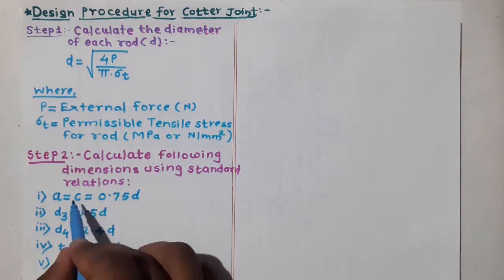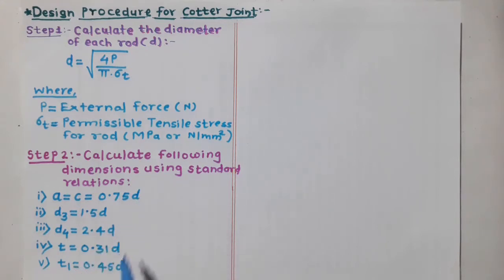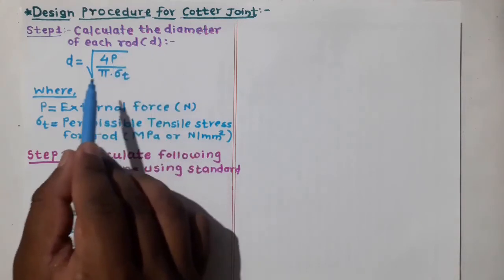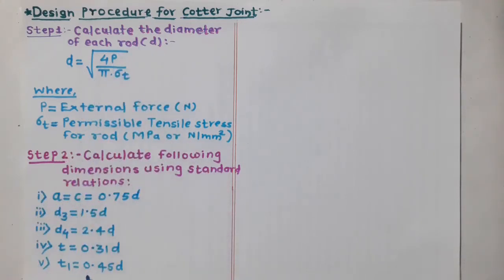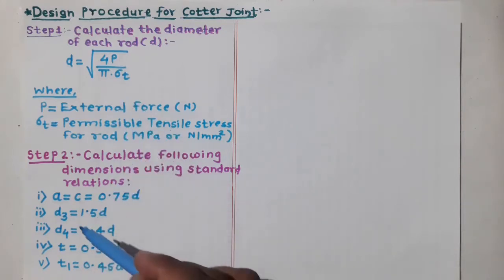So these are the dimensions that we have to calculate in terms of small d, where small d is the diameter of a rod, which we have calculated from step number 1. That means once you get the value of small d, you can get these 5 dimensions from this small d by using these standard relations.